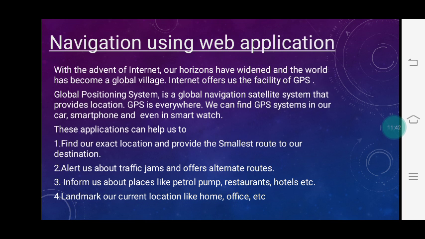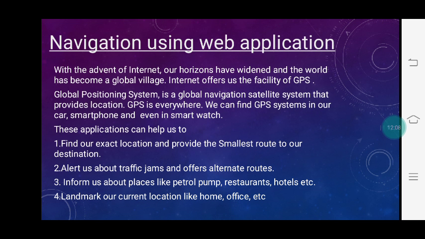Google Maps, Apple Maps, and Nokia's Here Maps are capable web-based map applications with turn-by-turn navigation directions. These web applications can locate our exact position and calculate the speed and direction in which we are traveling. It could be any vehicle, train, boat, or walking.